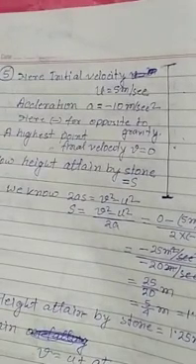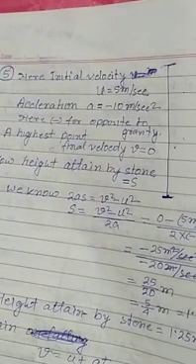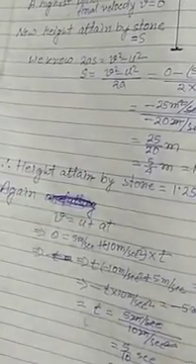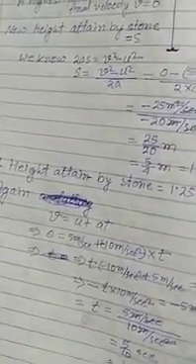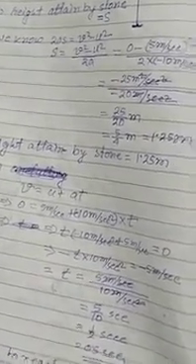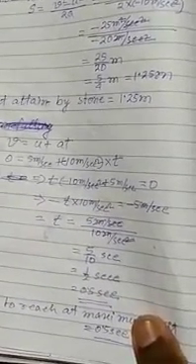What will be the height attained? We know 2as equal to v square minus u square. So the height is 1.25 meter. And what will be the time taken? We know v equal to u plus at. Acceleration is given, so time equal to 0.5 seconds.